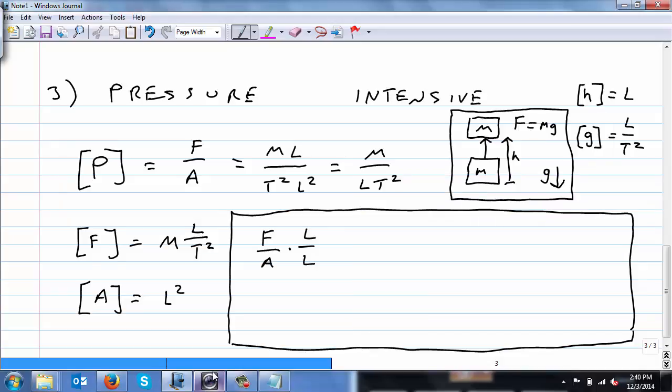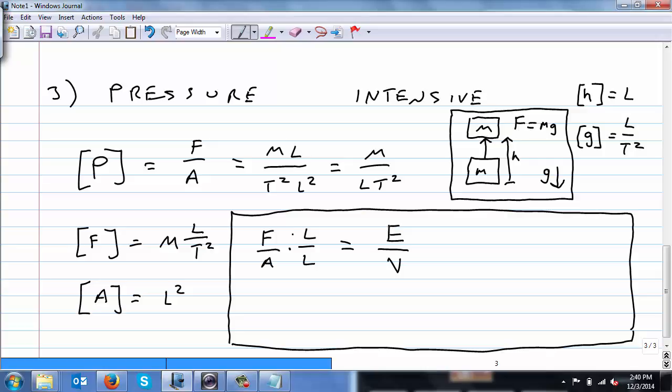So, long way around of saying that this equals energy, and what's area times length? It's an easier way to say that. Volume. Perfect. Okay.